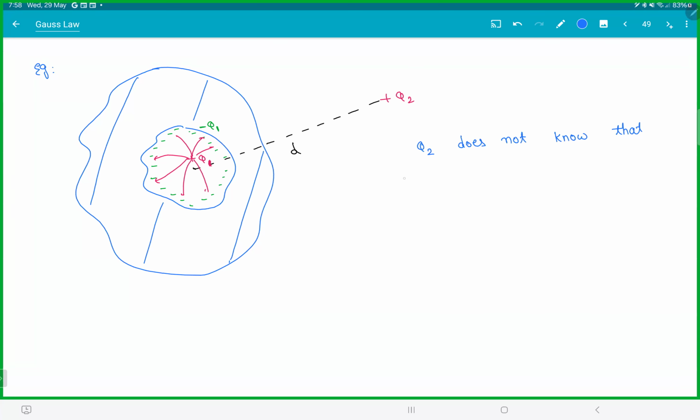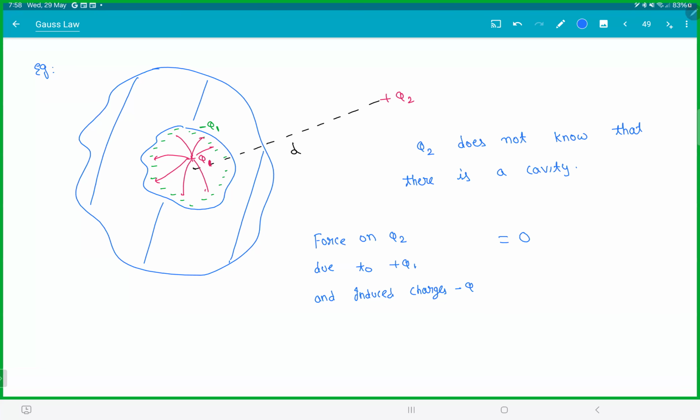Forget about Q1. Does not know that there is a cavity inside. So the force on Q2 due to the plus Q1 and the induced charges minus Q1 is 0. Are you getting it?